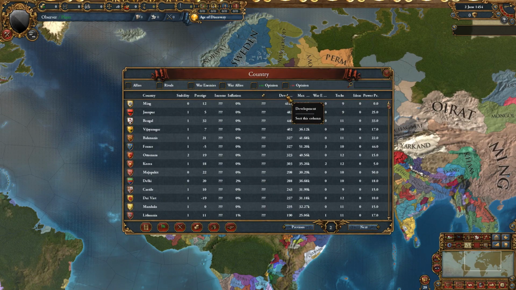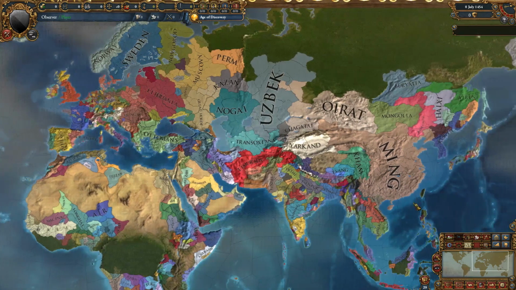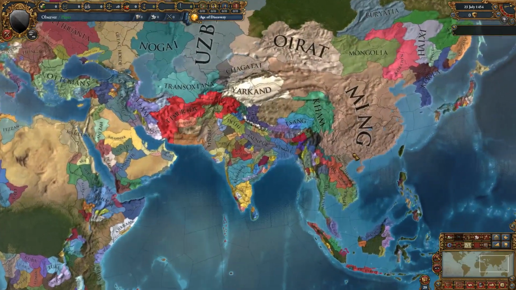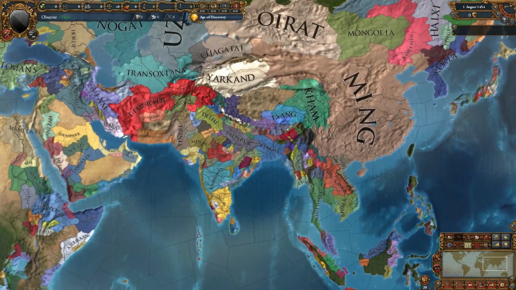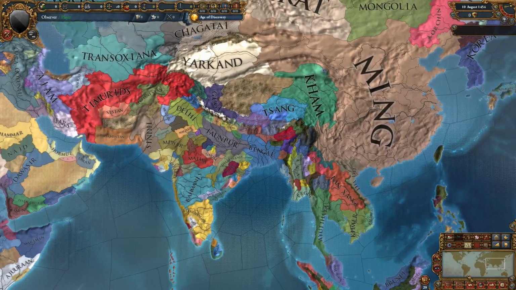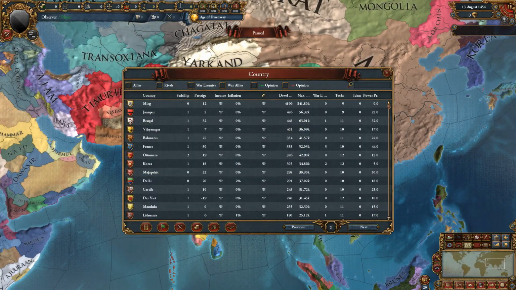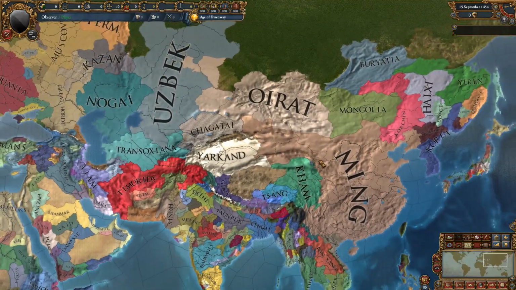Of course, most of the countries that have significantly grown in terms of development will have done so by conquest, not mainly by pure growth. But we now see several countries over 400 development already, several in India. So that's how the world is developing.